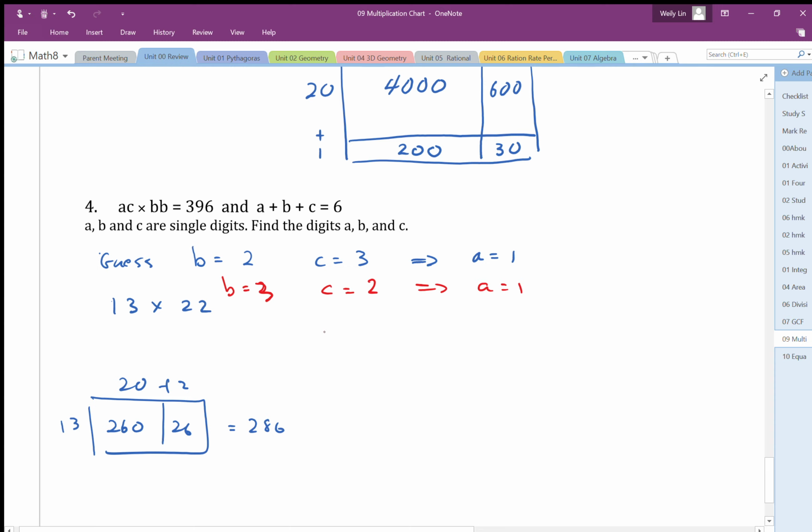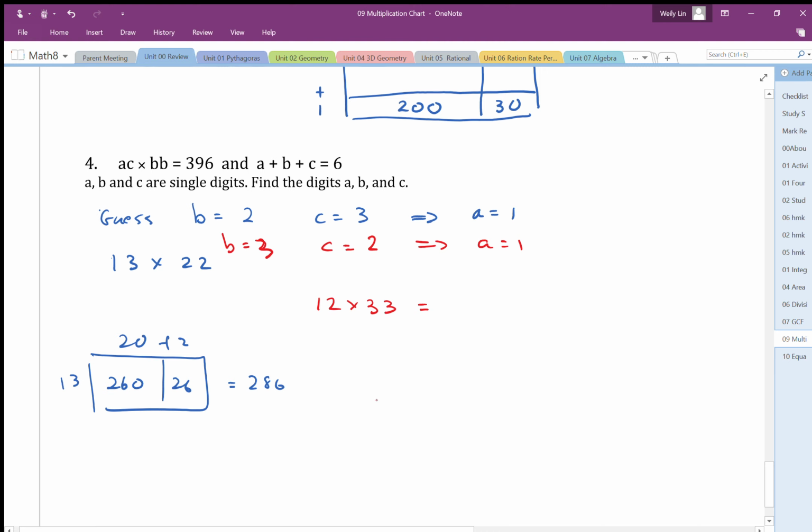And then we can test this out. So we're going to do another guess. It's going to be 12 times 33. When we do 12 times 33, that's going to be a bigger product, and maybe we're going to get up to 396. So we're going to do 30 plus 3 times 12.